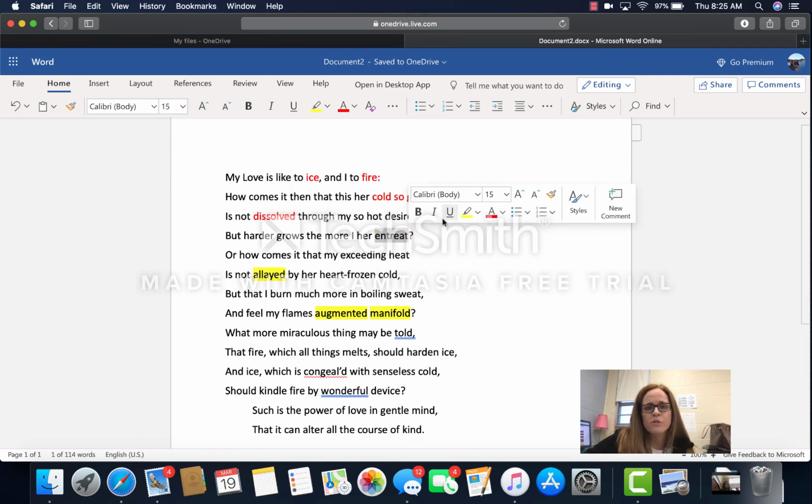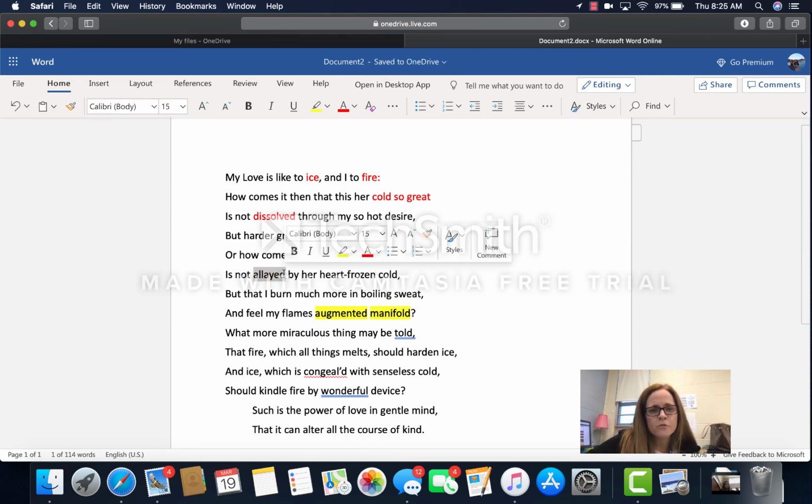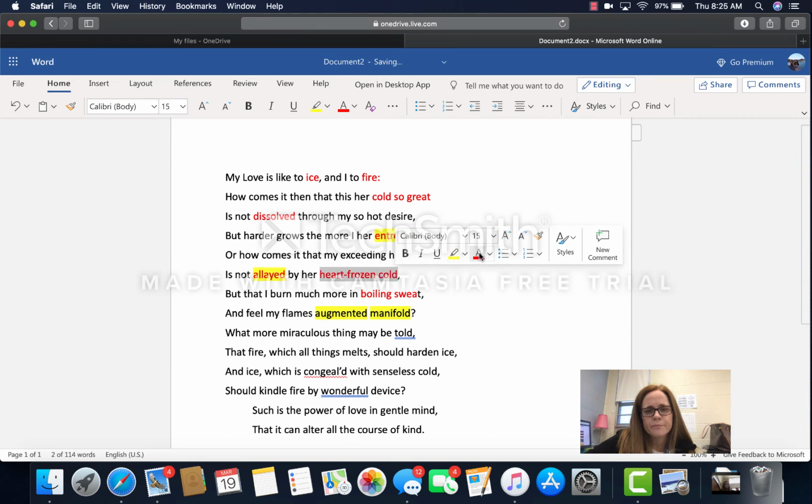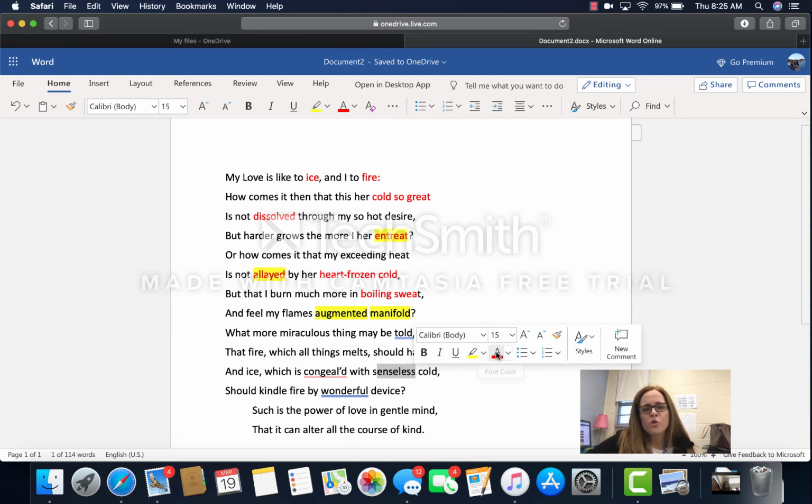Okay, remember, entreat means to beg or to plead. Allayed means to make smaller. Boiling sweat, heart frozen cold, senseless.